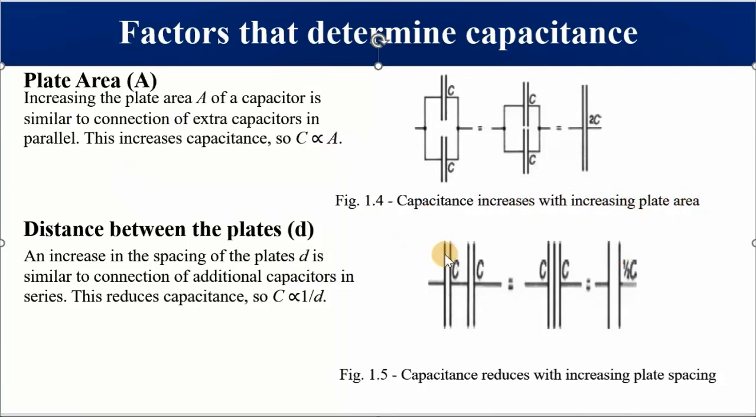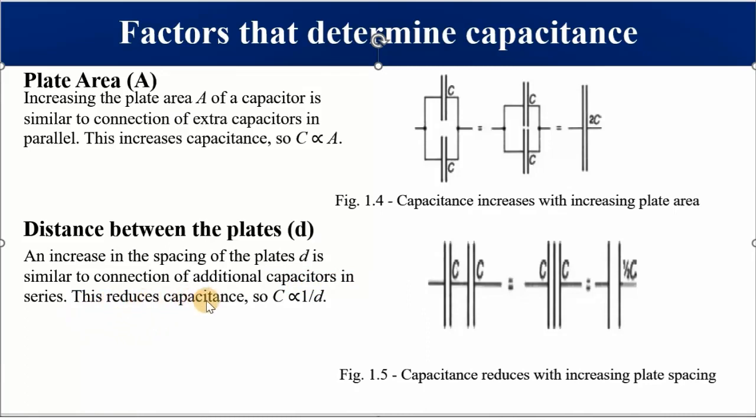Then, this is an illustration of the effect of the distance between the two plates or between the two conductors. If you increase the distance between the plates, you are decreasing the capacitance by half. So we can safely say an increase in the spacing of the plates, which is represented by D, meaning the distance between the plates, is similar to connection of additional capacitors in series.